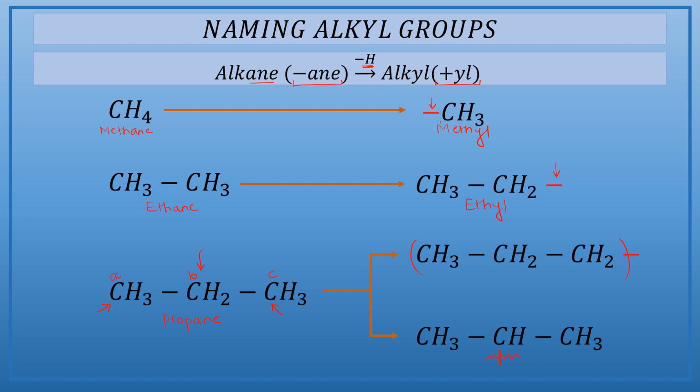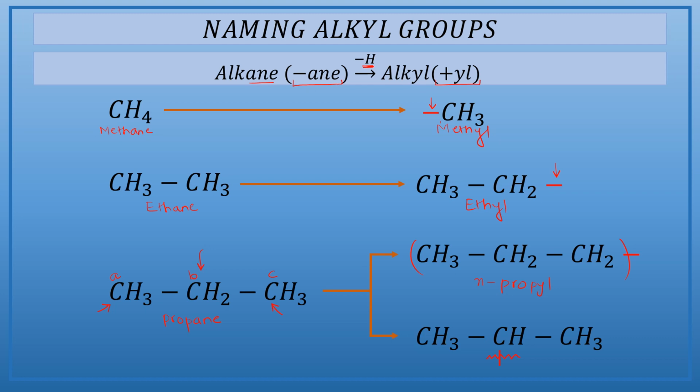When a hydrogen atom is removed from a terminal carbon, we simply name it normal propyl, normal alkyl talking in general terms. Here three carbon chains are there, so normal propyl.